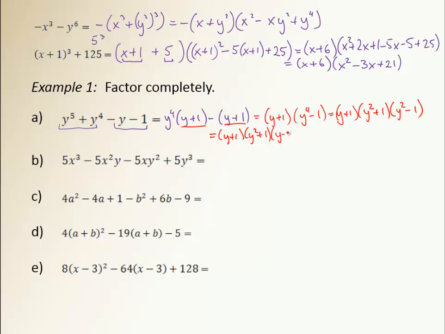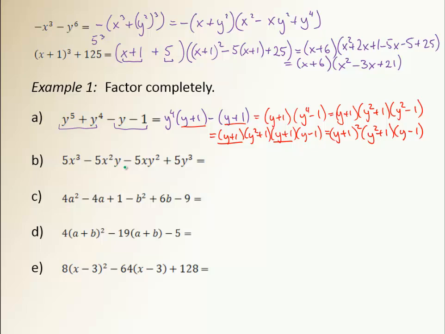And here is another y plus 1 and another y minus 1. So altogether, you can even write this as y plus 1 squared because of these two brackets. Then factor y squared plus 1, which is sum of squares, so it's not factorable any further. And finally, y minus 1. So you have 4 factors.